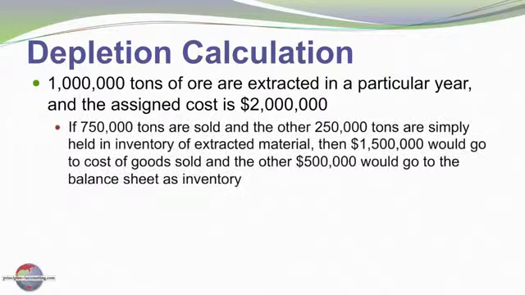Furthering our discussion though, if 750,000 of those tons are sold and the other 250,000 tons are simply held in inventory, then what we would have is $1,500,000 of the depletion charge that would be assigned to cost of goods sold, that is $2 per ton times 750,000 tons extracted and sold. The other 250,000 tons that we keep in inventory would be assigned their $2 per unit cost, and we would have $500,000 that would be reported in the balance sheet.